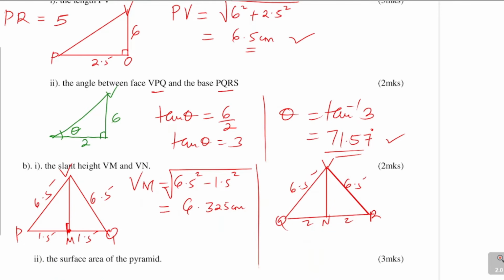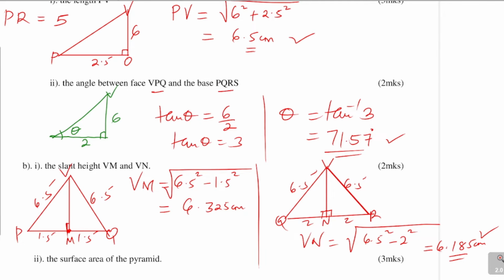So now getting VN, Pythagoras theorem, because this is a right angle, so VN would be given by the square root of 6.5 squared subtract 2 squared. And that will give 6.185 centimeters. As simple as that.